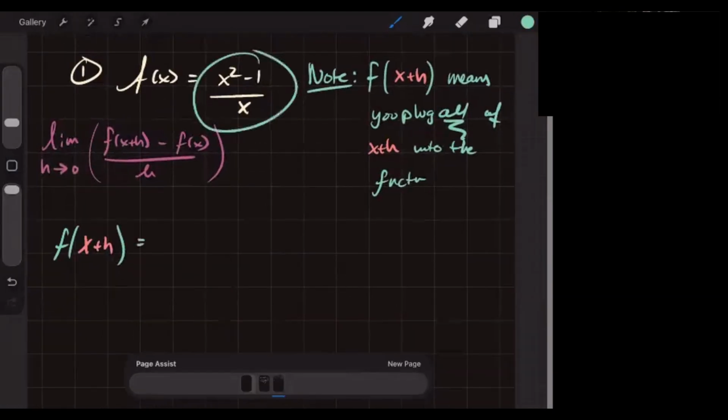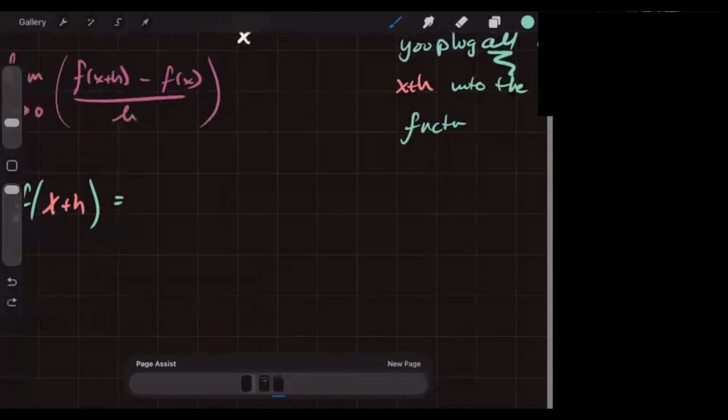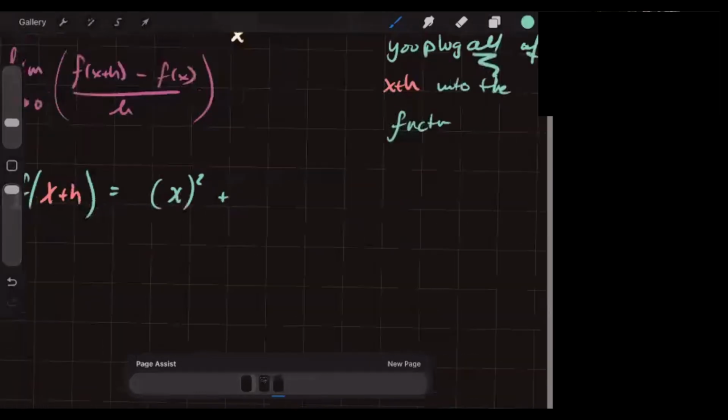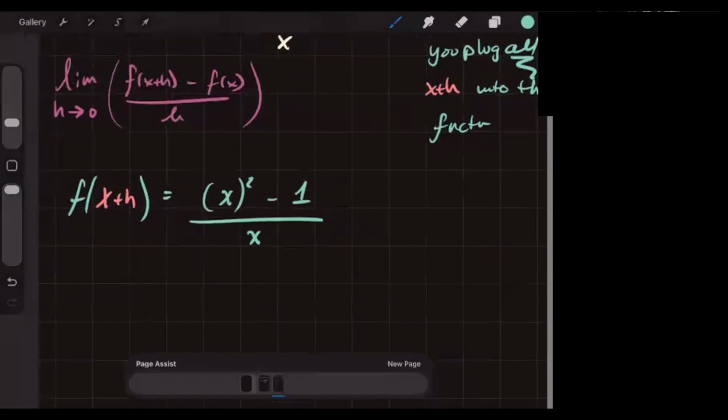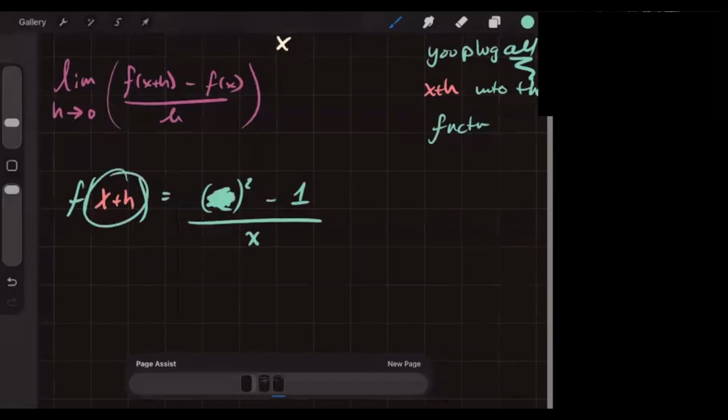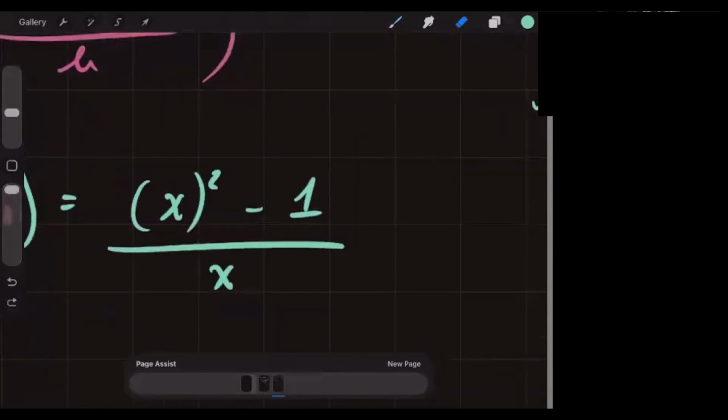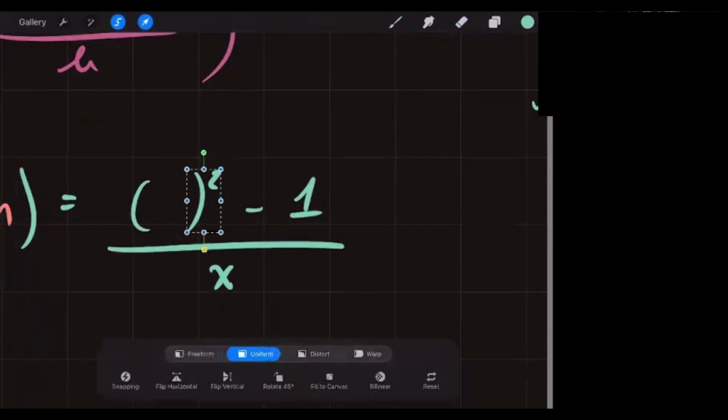So I'll show you what that looks like. So our function is x squared minus 1 over x, right? So what I'll do is I'll actually write it out for you. X squared, right? Plus, oh, sorry, minus 1 over x. This is not true, okay? What you want is you want to replace this with x plus h, okay? What we're going to do is we're going to open this up.